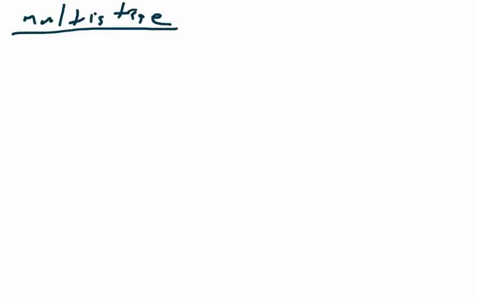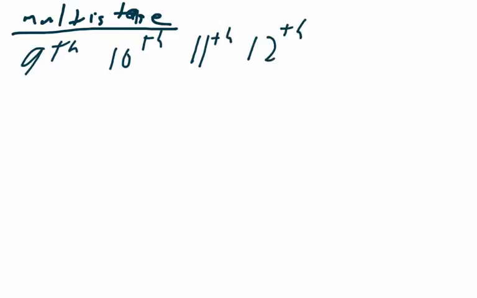I know sometimes my writing on here is not great. So when we get to the multi-stage, let's think about when we had homerooms. There were 9th grade homerooms, 10th grade homerooms, 11th grade homerooms, and 12th grade homerooms. So these are already divided up into our different strata because they're all in different grades.